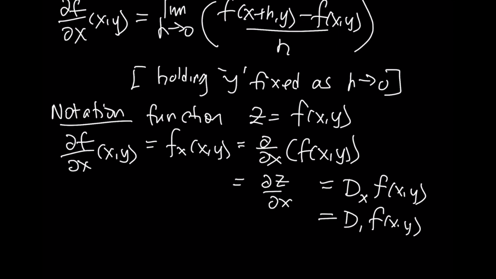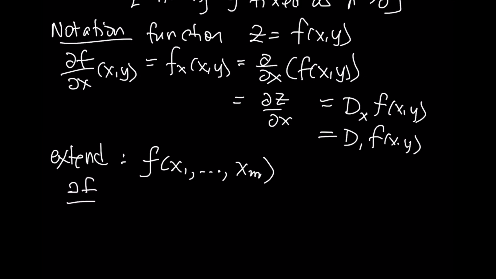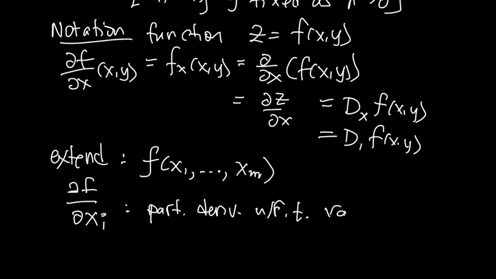throughout the course. Now, naturally, you can extend this to any function that has some finite number of variables like this. So let's say you've got m variables. I could write partial f, partial xi, and all this means is partial derivative with respect to the variable xi.